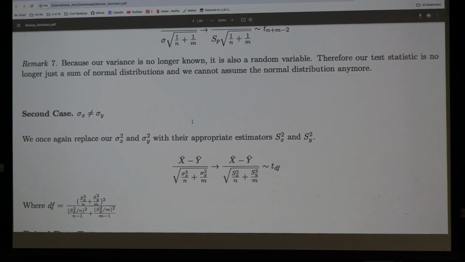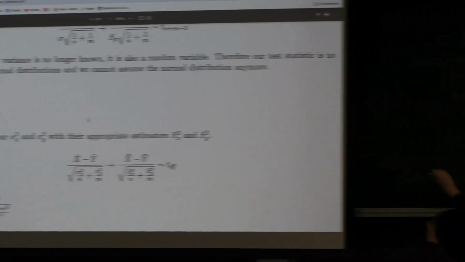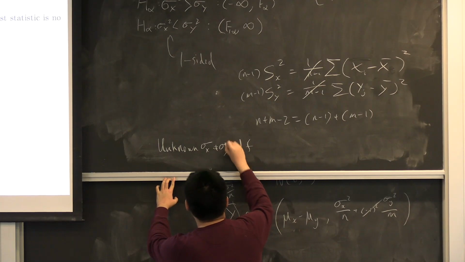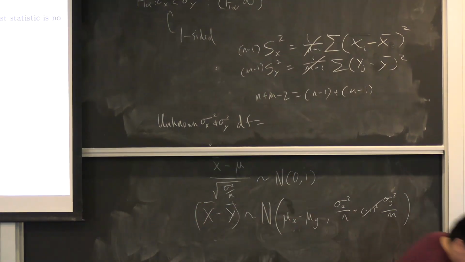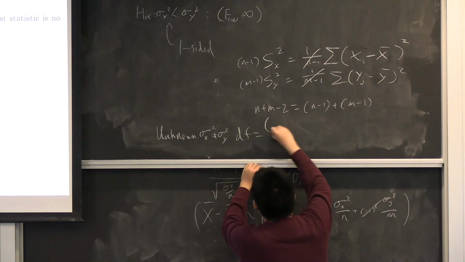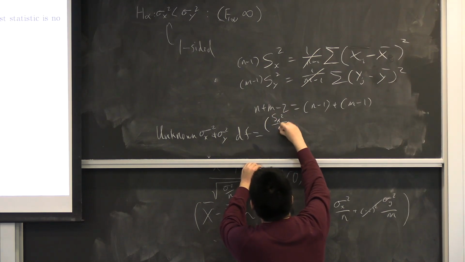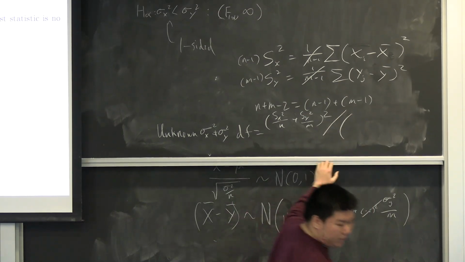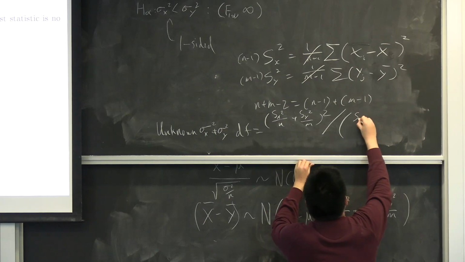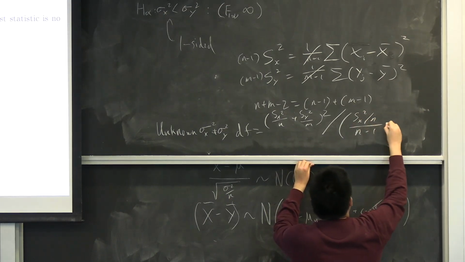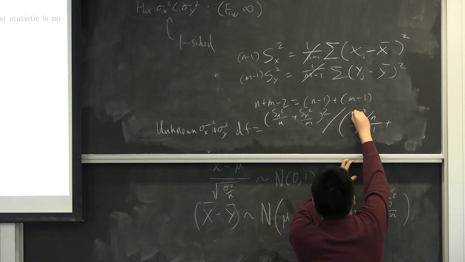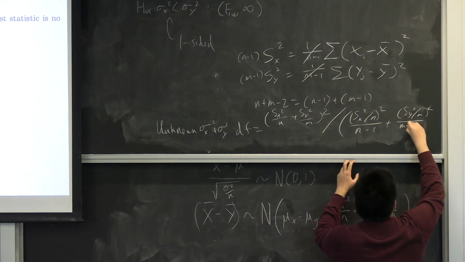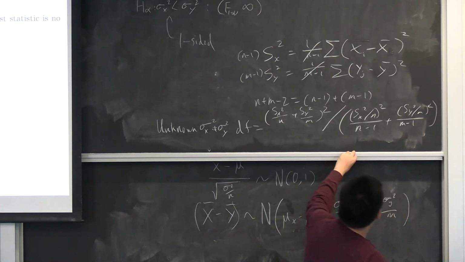The degrees of freedom for unknown sigma x not equal to sigma y is equal to the sample variance of x squared over n plus the sample variance of y squared over m, all squared, divided by the sample variance of x squared over n, squared, over n minus 1, plus the sample variance of y squared over m, squared, over m minus 1. Here, that's it written out a little bit bigger.